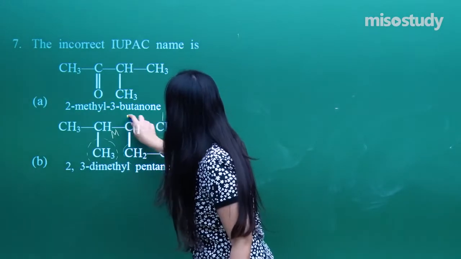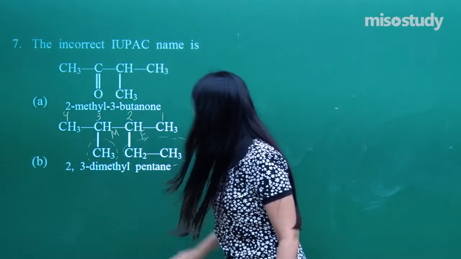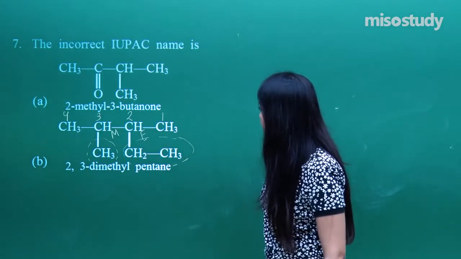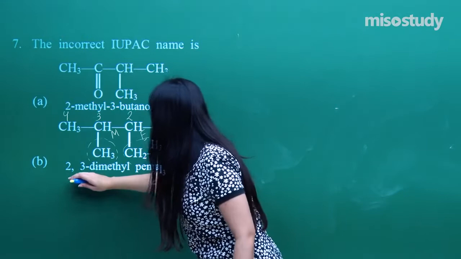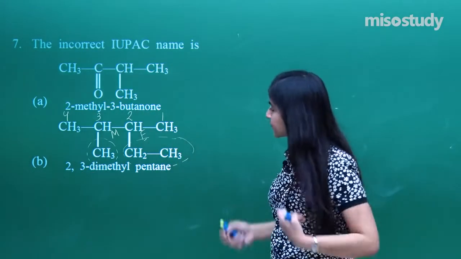So it is 1, 2, 3, 4, that means 2-ethyl must be there. And what else should be there? Yes, it's 2,3-dimethyl pentane. So is this one correct?